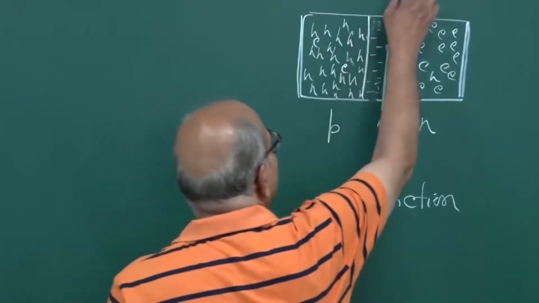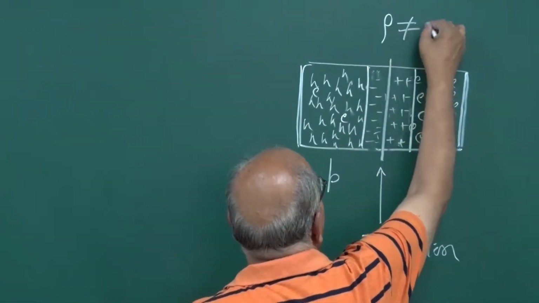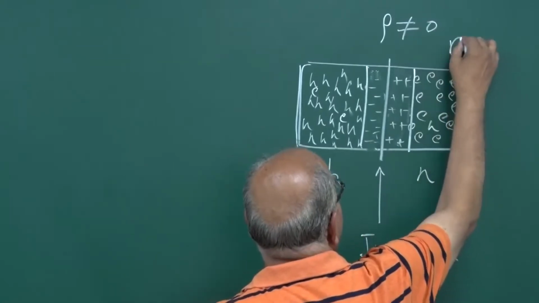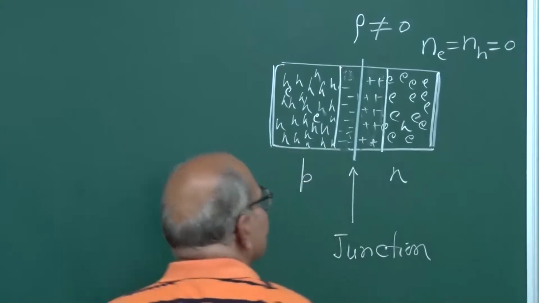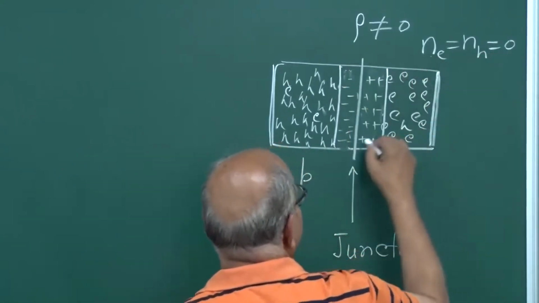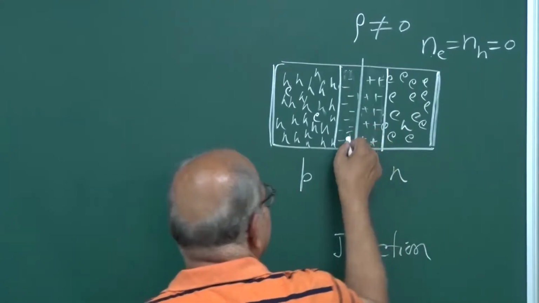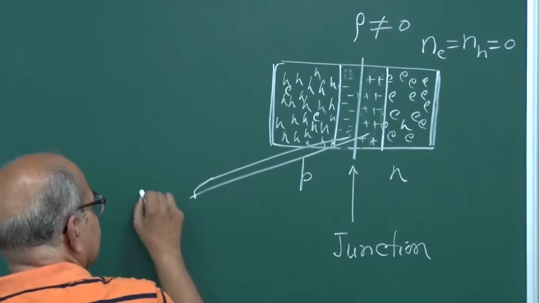So you have charge density rho, which is not zero, but the charge carrier density is zero. This whole region where you do not have charge carriers is known as the depletion region.